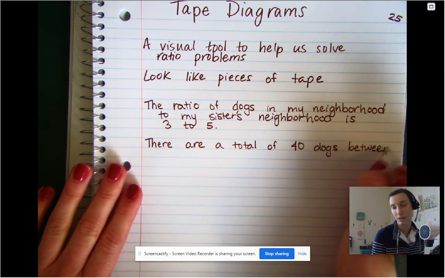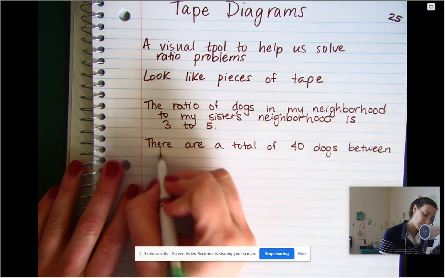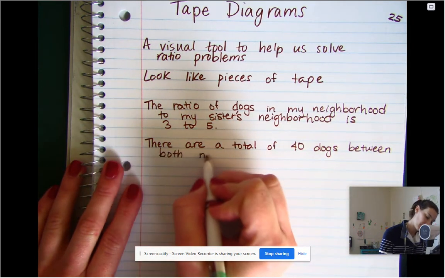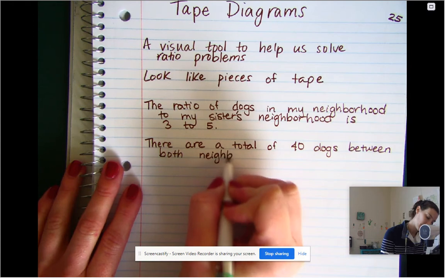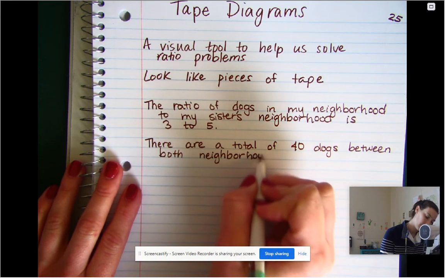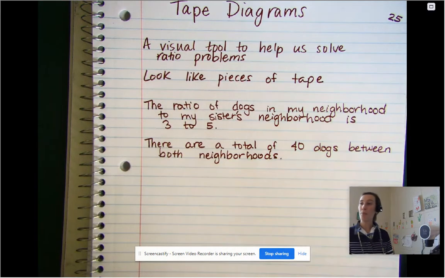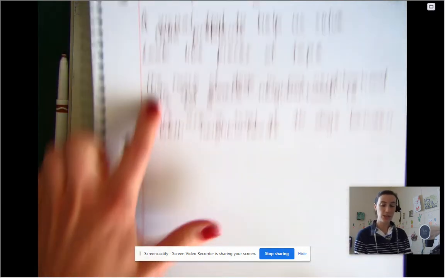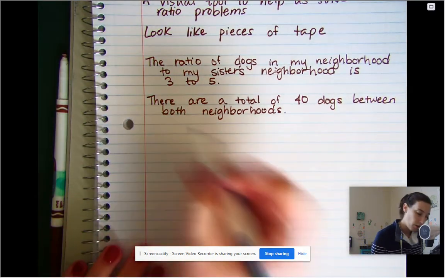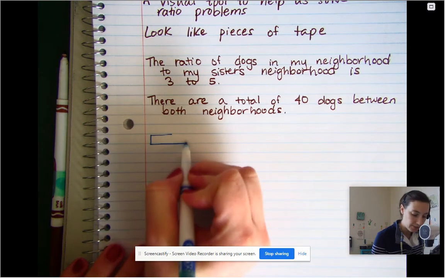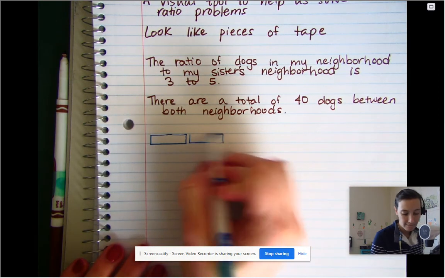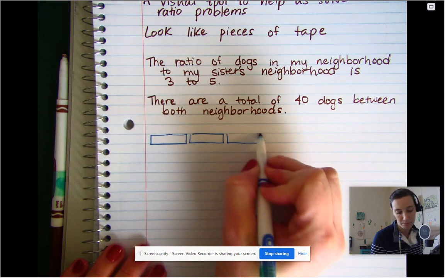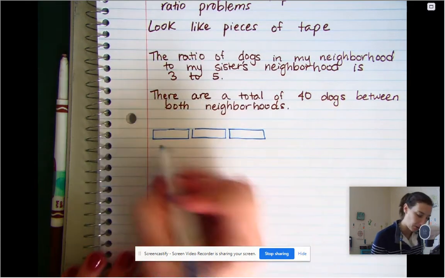And here's how we're going to use a tape diagram. Step 1 is we draw out the ratio. Because the ratio is 3 to 5, we're going to draw 3 pieces of tape, and then 5. We want them to look basically equal, but it's not important that they're perfect.